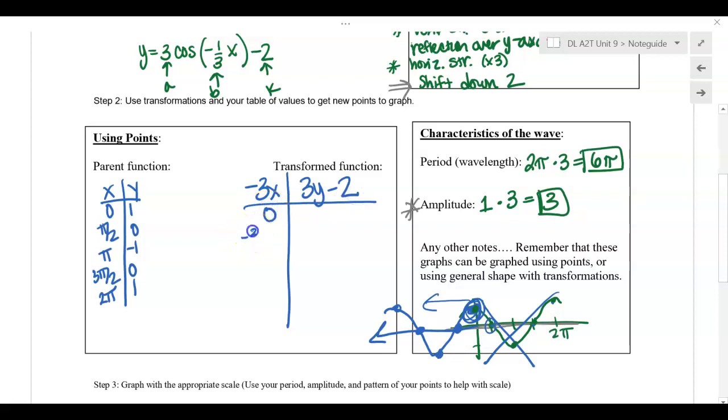And so you would see these values. And those would match the points that we got.